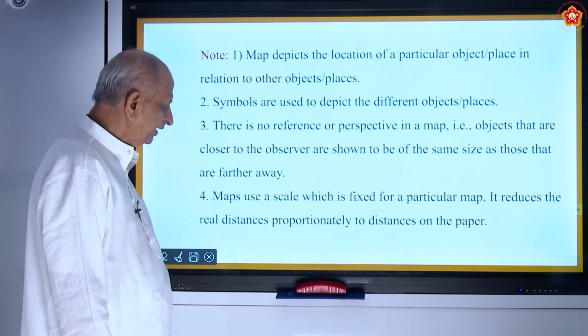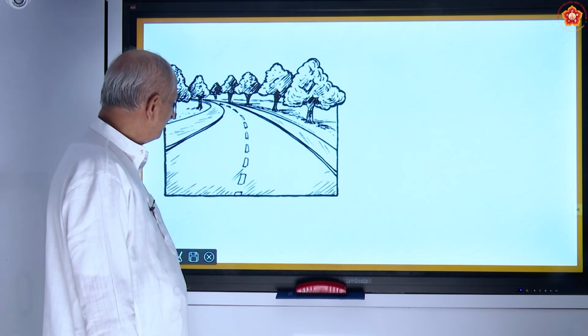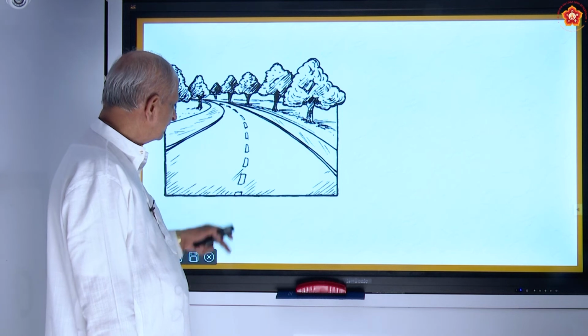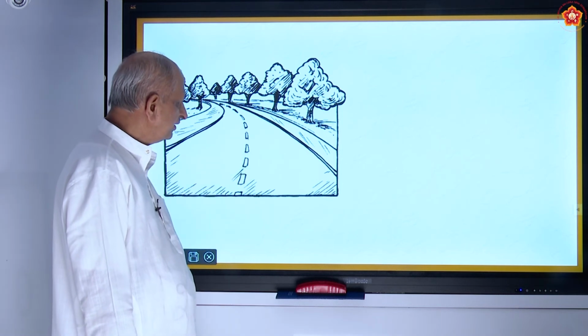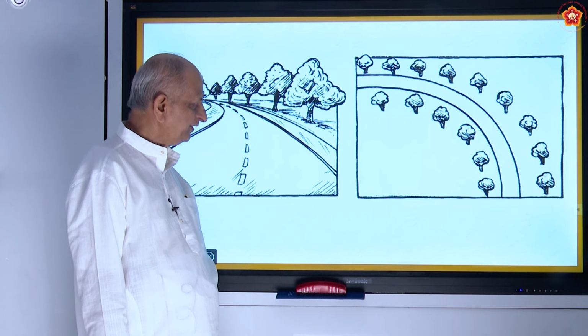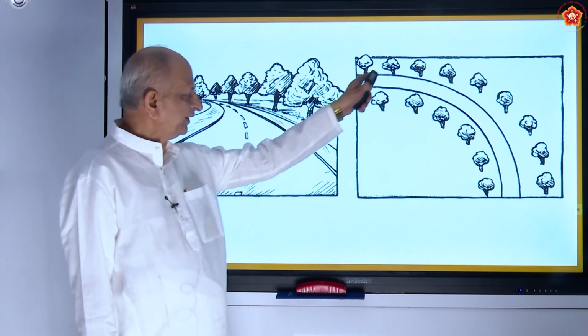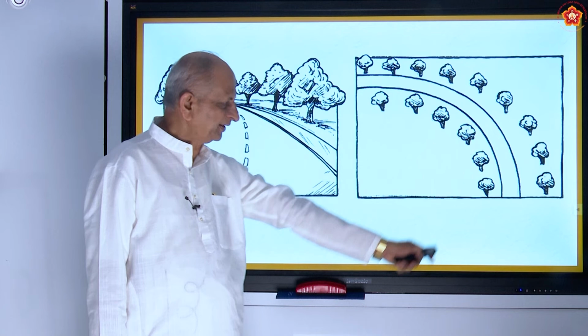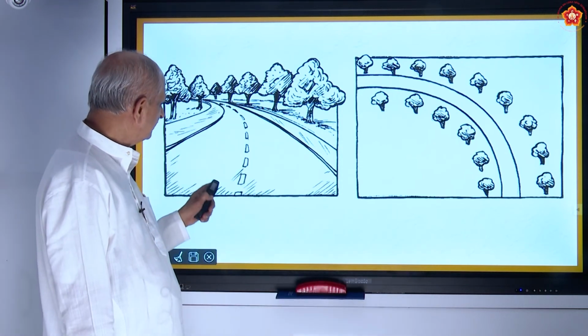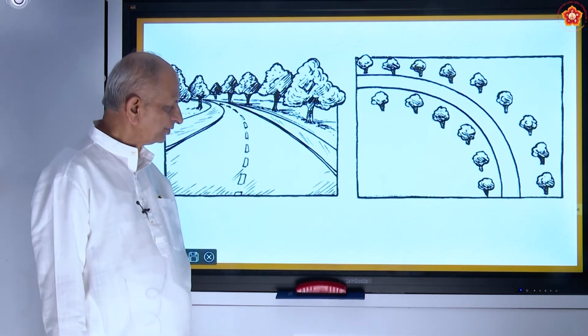And of course, you should be clear. For example, in this case, this is a highway showing the picture of trees on the sides. So here all trees are shown in the same size, whereas in this case different sizes are shown. Okay.